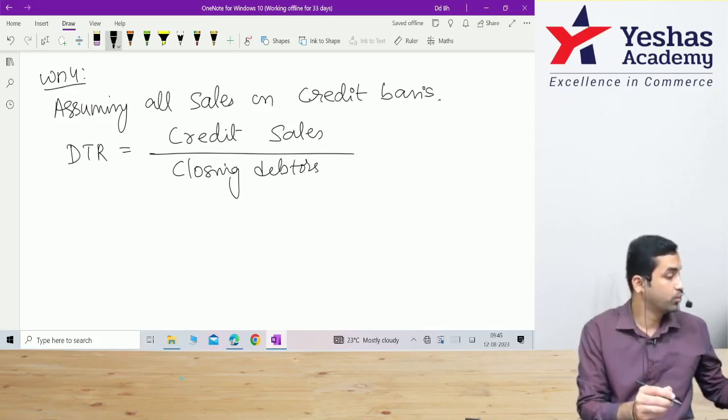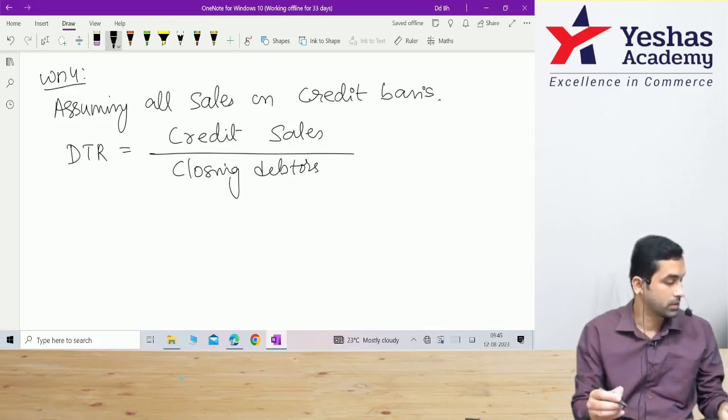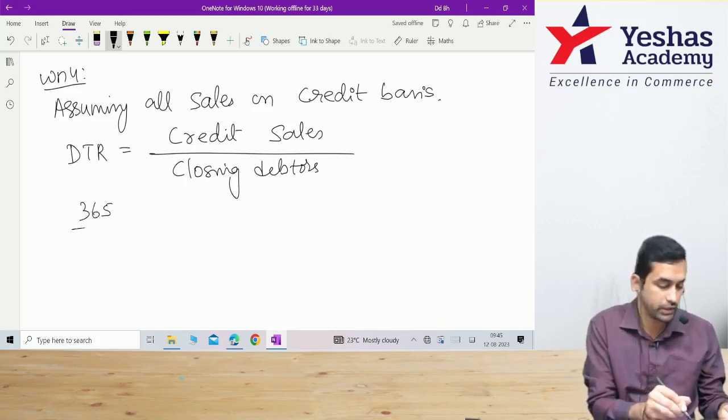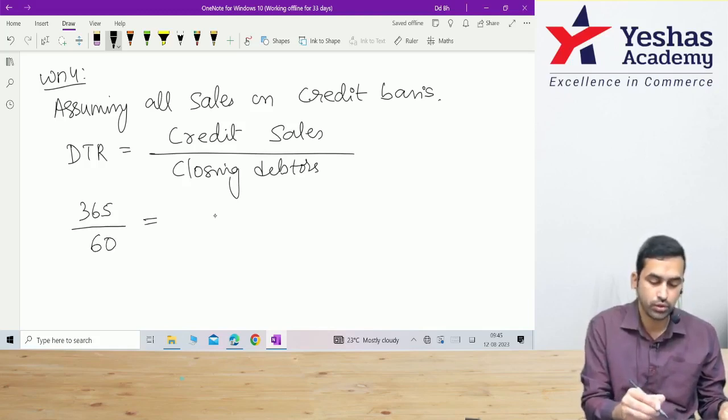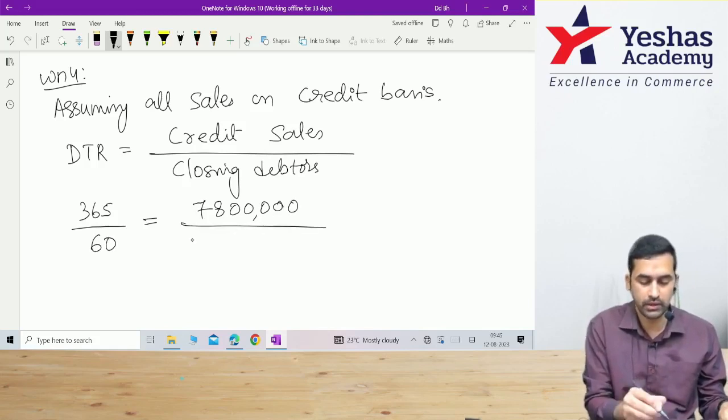How to do DTR, by the way? 365 days divided by collection period of 60 days should be equal to 78 lakh sales by closing debtors.